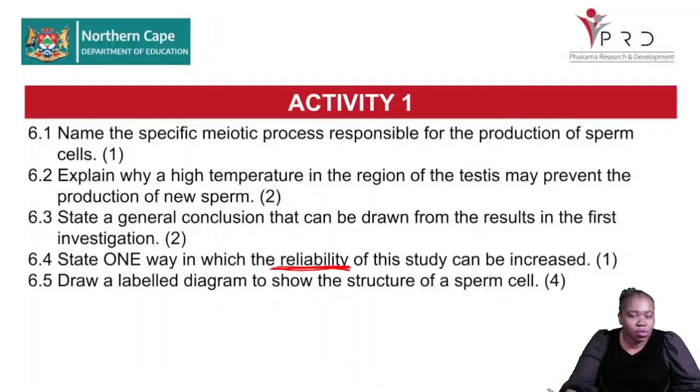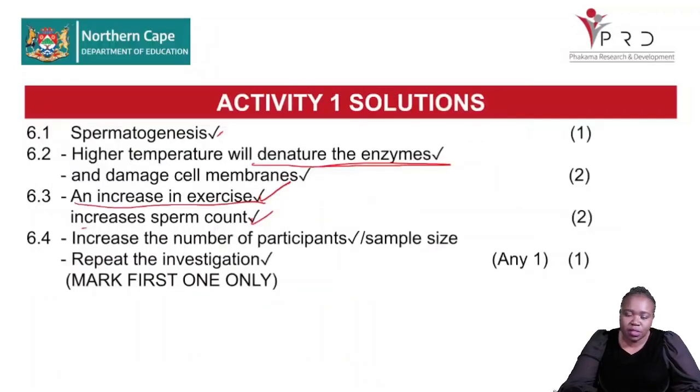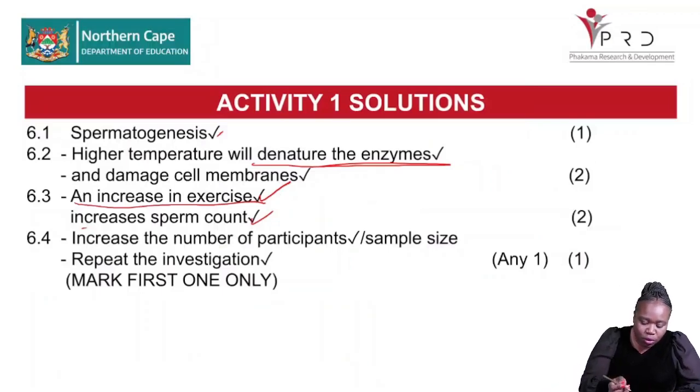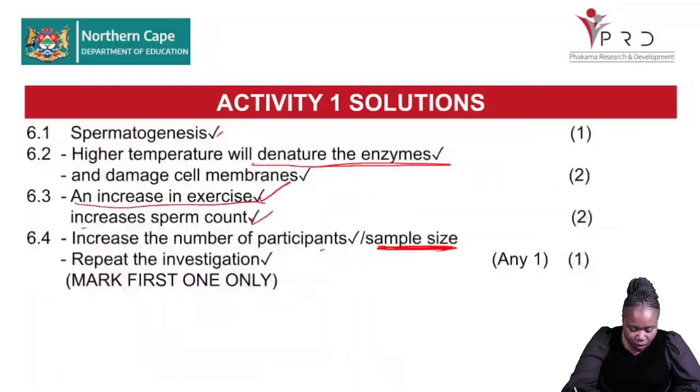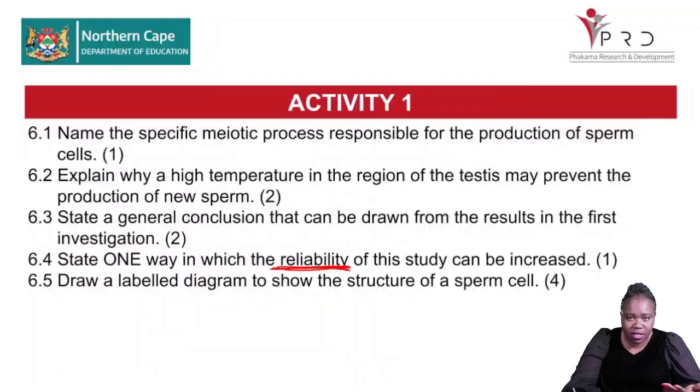It means that we can use more students, we can increase the sample size, or we can redo the experiment. So increase the number of participants, which is the sample size, or repeat the investigation. Right, so it said one, but you can give any of those two. You don't have to give both.